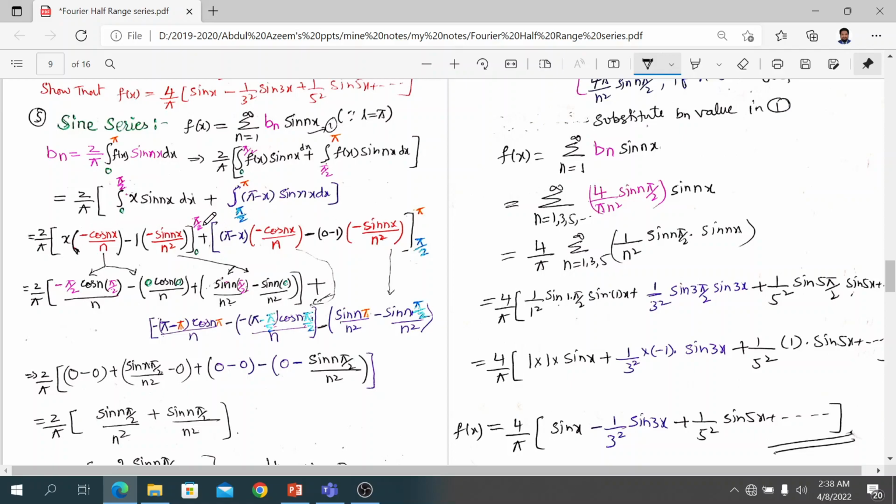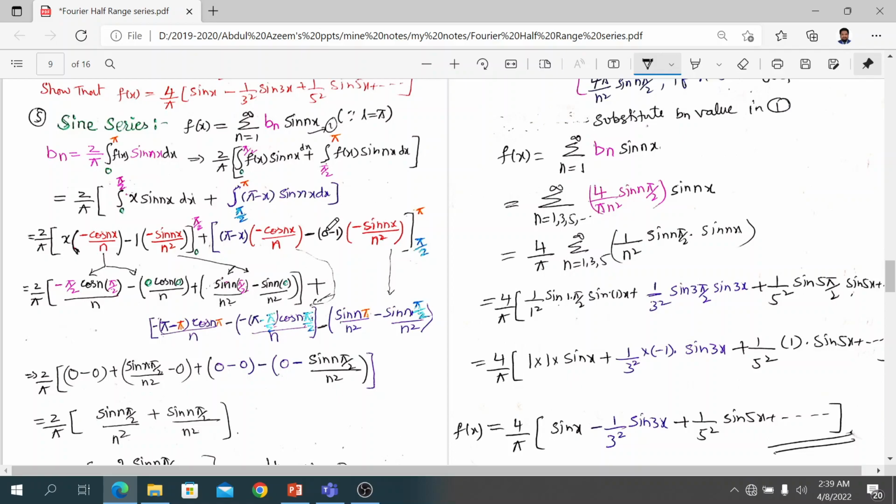Now apply the limits. Upper limit: minus pi by 2 cos n into pi by 2 by n, minus the lower limit: minus 0 into cos n into 0 by n. Upper limit minus lower limit finished. Now for the sine value, same, upper limit minus lower limit. For the upper limit of the second part: pi minus pi cos n pi by n, minus sin n pi by n square.